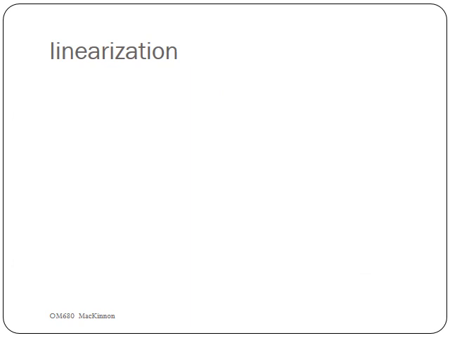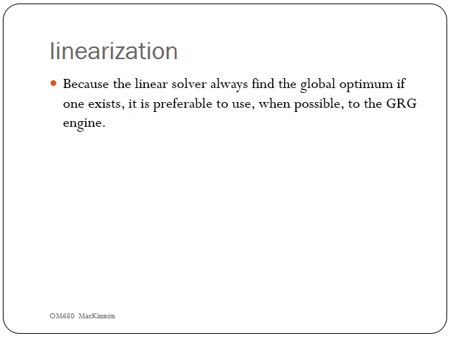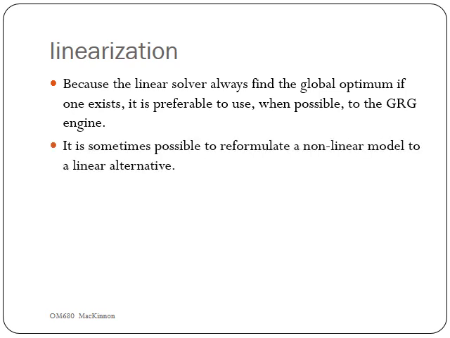Let's talk about linearization. The linear solver is the preferred method of solving models because it finds the global optimum. So we prefer to use it when possible over the nonlinear engine. Sometimes it's possible to reformulate a nonlinear model into a linear alternative.